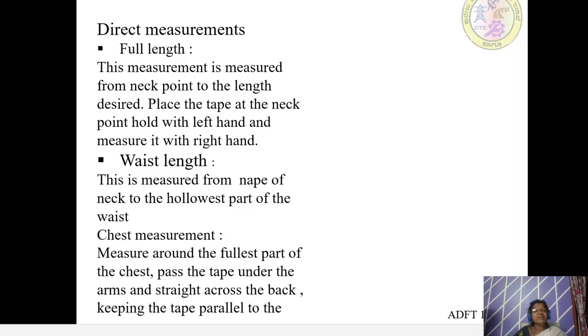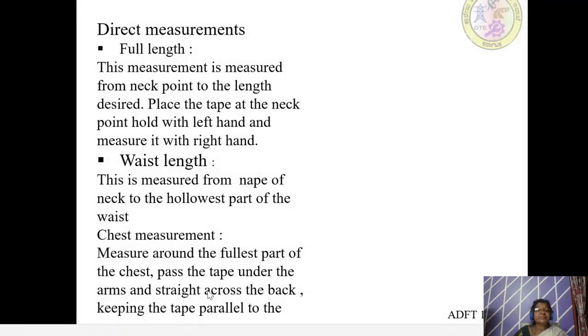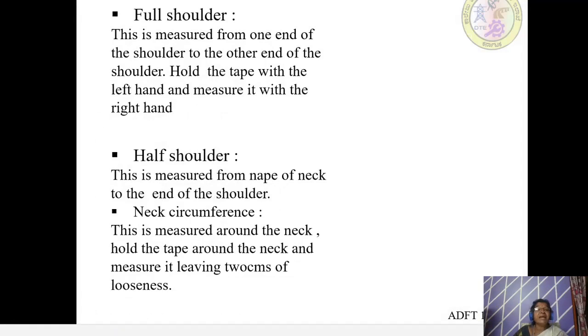How to take it? Measure around the fullest part of the chest. Pass the tape under the arms and straight across the back, keeping the tape parallel to the floor. You have to take the chest circumference.